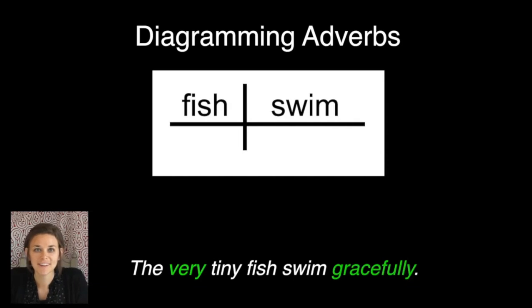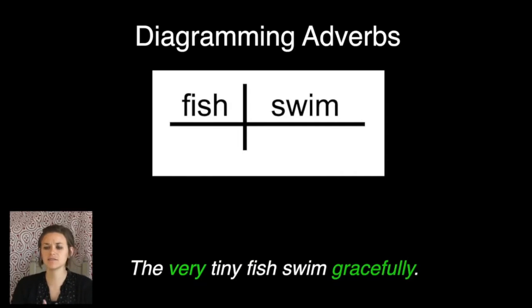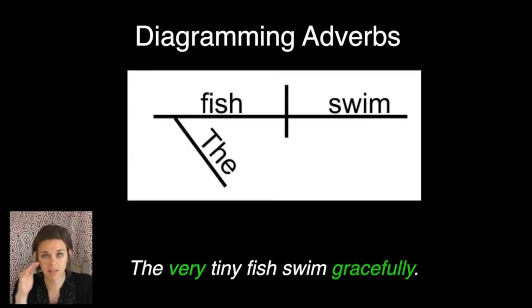So you have to be on your toes. Let's start with the very first word in the sentence, which is the. We ask ourselves, what is the doing? Well, maybe you remember that the is a special kind of adjective called an article, and it's telling us more about the subject, the noun fish. So we put the on a slanted line right under fish.